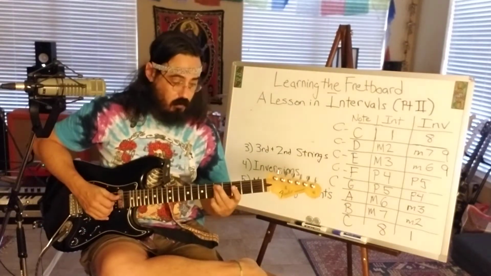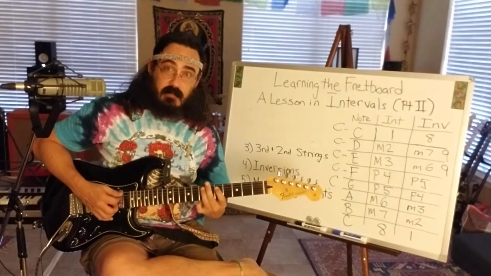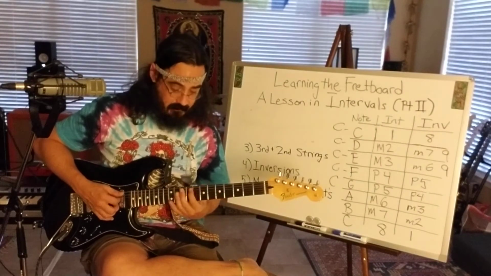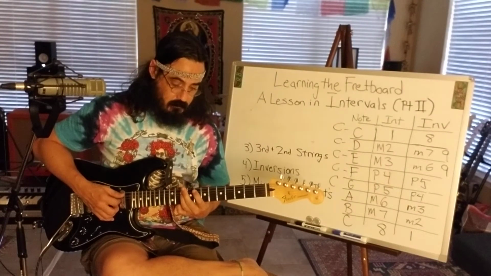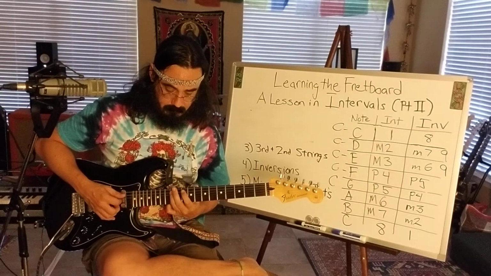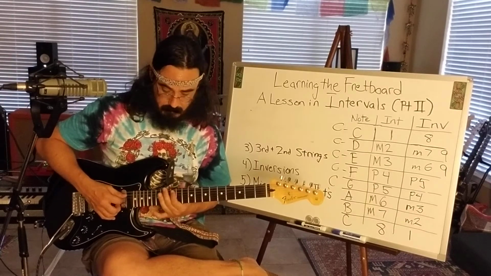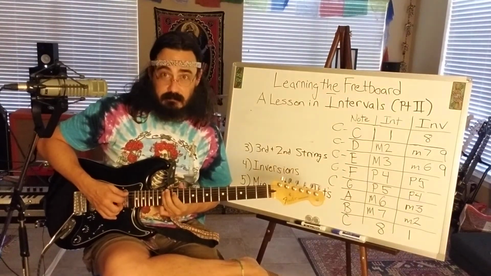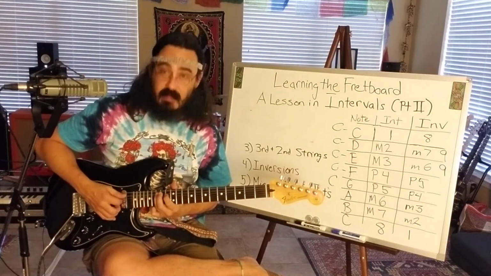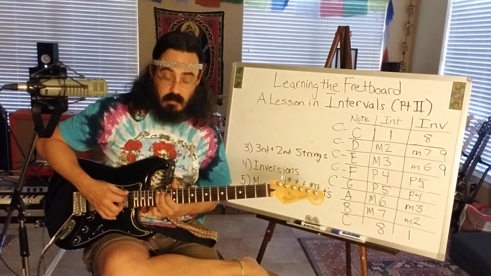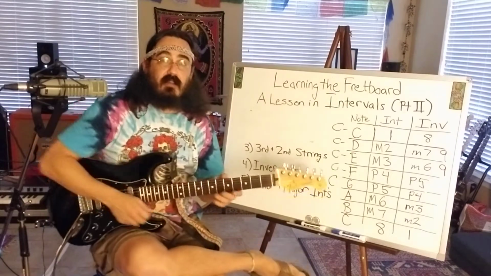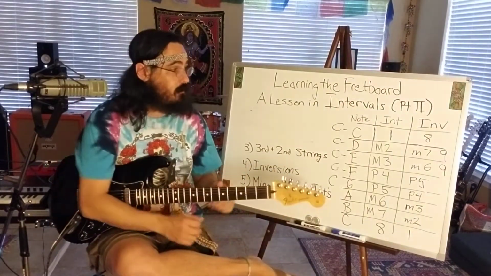C, whole step, D to E, E to F, half step, F to G, whole step, G to A, whole step, A to B, whole step, and then back to C, half step. So this is the major scale, okay?